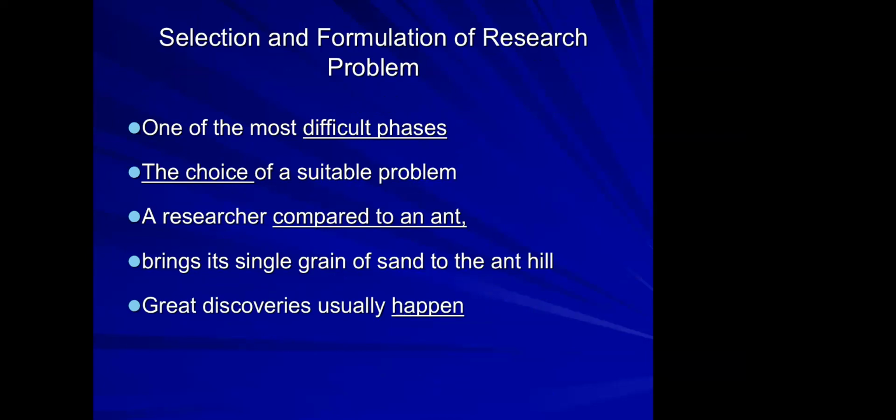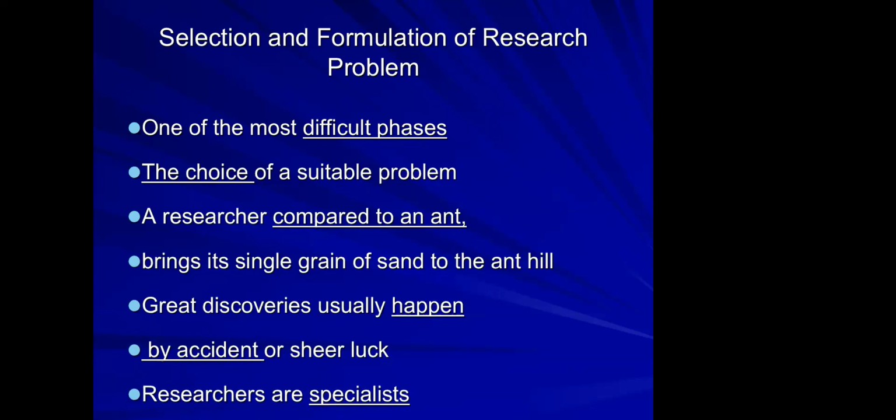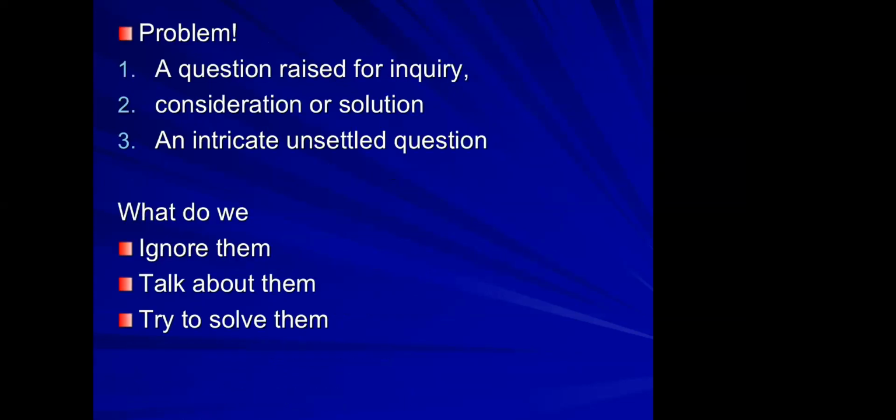Great discoveries, please mind you, happen not by choice but sometimes by accident. What's the problem? A question raised for inquiry, or a consideration or a solution, an intricate, unsettled question.